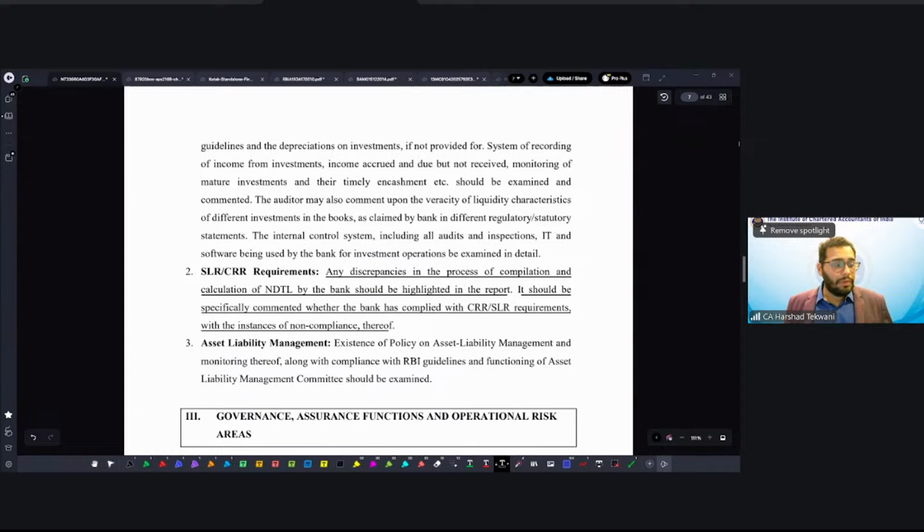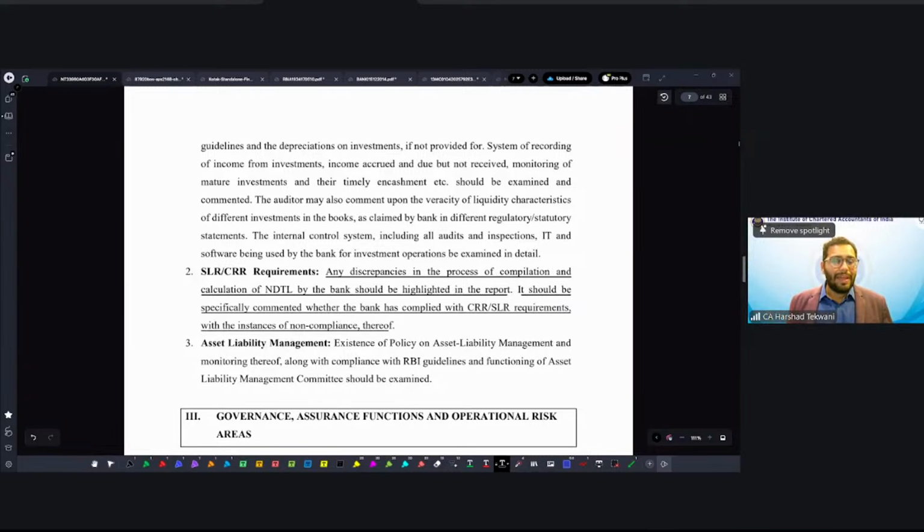Once you receive the information, on the basis of that, you examine whether that ratio is being followed or not. So it's not only checking, it's the coordination with the branch auditors who will send you the trial balances as on Friday, so that you can consolidate.